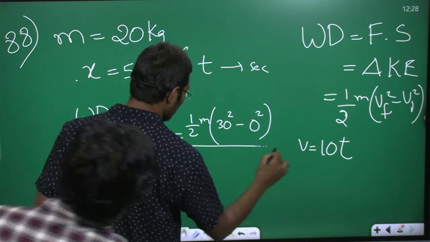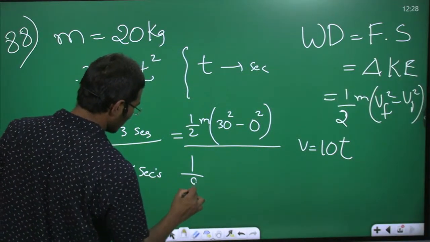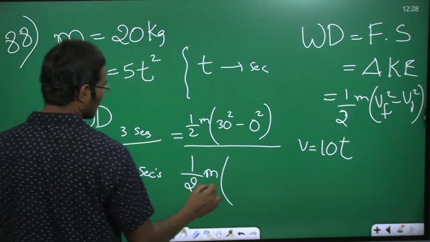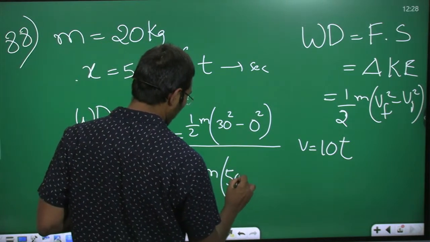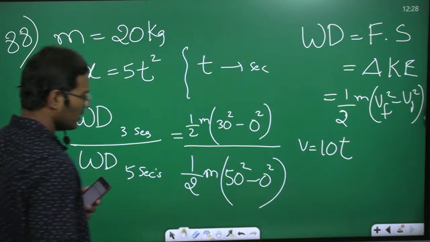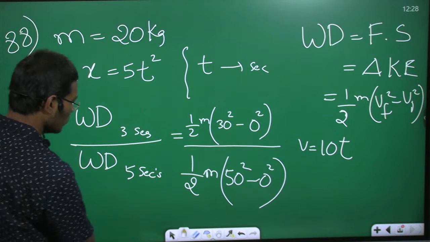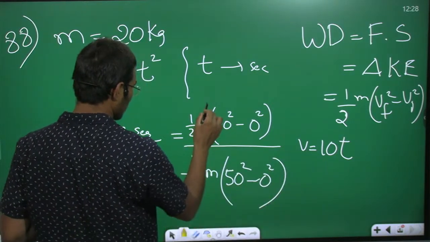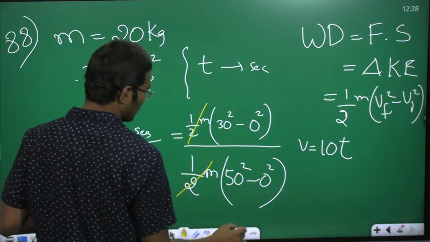In a similar fashion, at 5 seconds, 50 square minus 0 square, right? So if you try to simplify, what do we get?